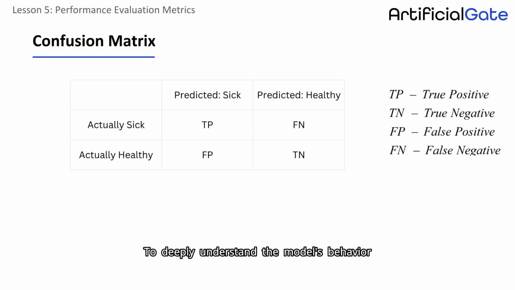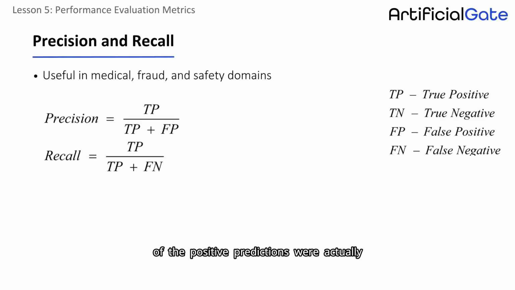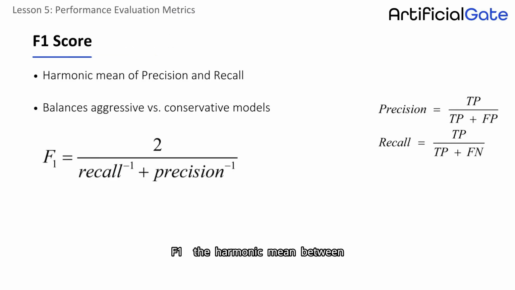To deeply understand the model's behavior, we use a confusion matrix for classification problems. In its simplified version, it's a 2x2 matrix from which important metrics are derived: precision, what percentage of the positive predictions were actually correct; recall, how many of the actual patients did we manage to identify; F1, the harmonic mean between recall and precision.